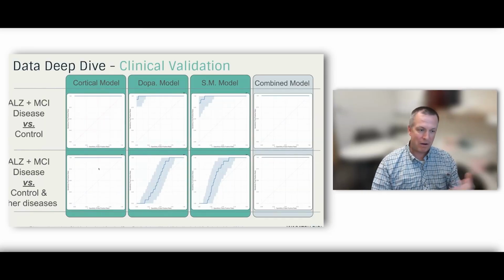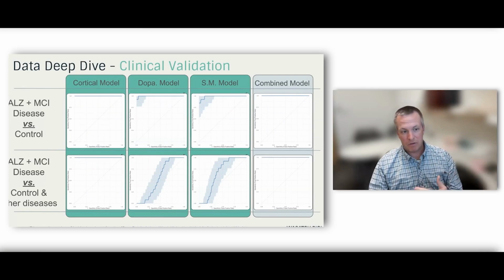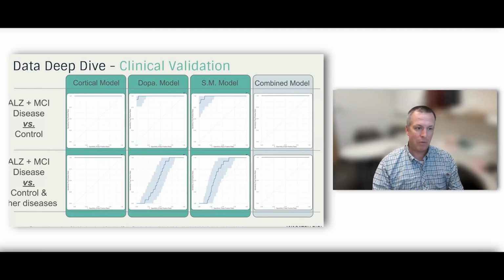The problem, though, had always been, can we do this same thing not against control, but against other diseases as well? And so we performed that same test. You can see that quickly starts to fail in our dopaminergic models and spinal motor neuron models, but the combined model always performs quite nicely. And we can see this even more pronounced when we look at Parkinson's disease or ALS.